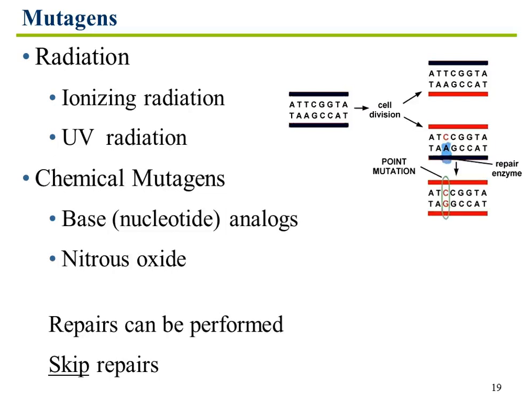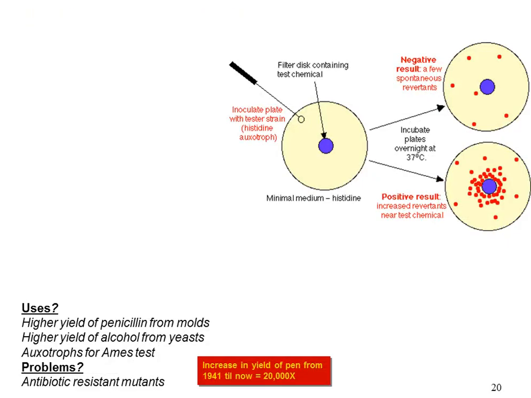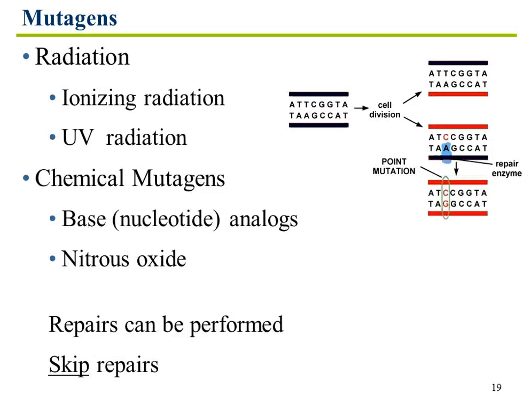Let me back up and talk about spontaneous versus mutagen-induced mutations. Cells make mistakes in their replication when they're putting in new bases, growing a new DNA strand.